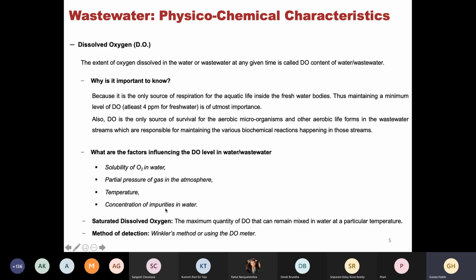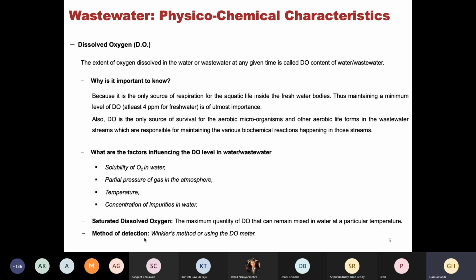Saturated dissolved oxygen is the maximum quantity of DO that can remain mixed in water at a particular temperature. The method of detection is Winkler's method, or using a DO meter, which is an advanced way of determining the dissolved oxygen. Winkler's method is a very conventional titration method in which different reagents are used to convert oxygen into nascent oxygen.